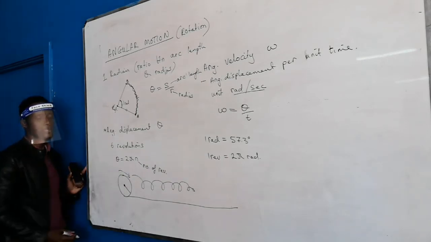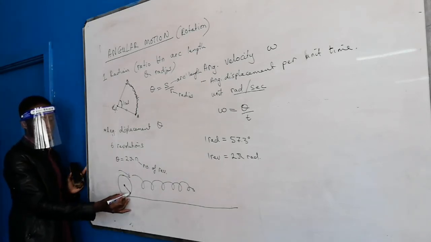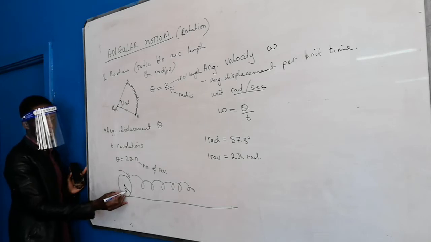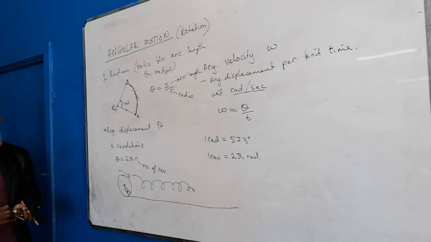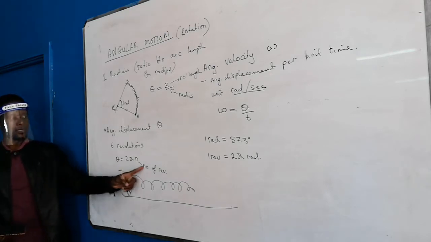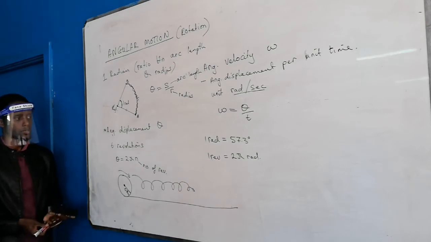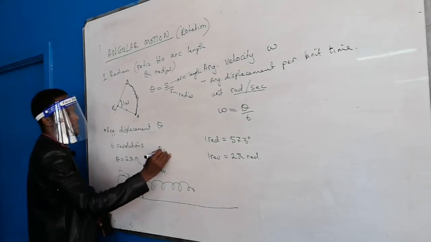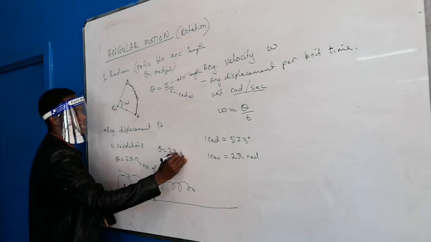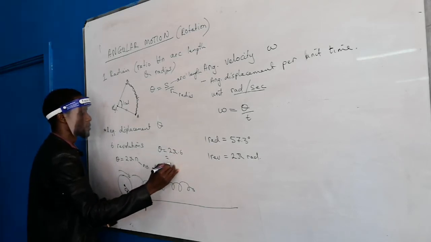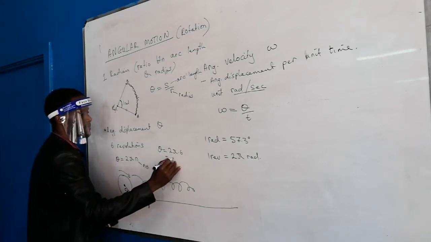It rotates. The radius is 0.5 meters. After 6 revolutions, 2 pi times 6 is equal to what? 12 pi.